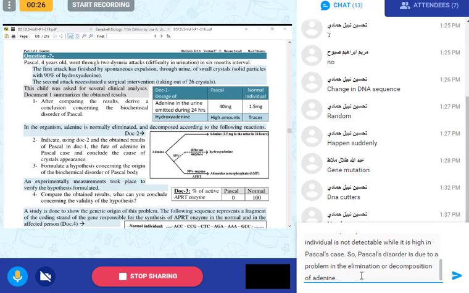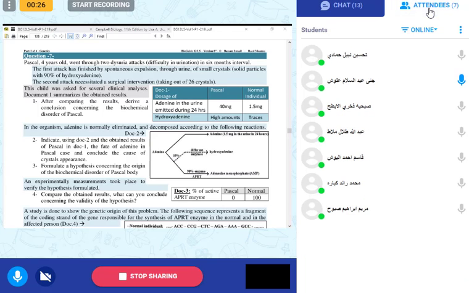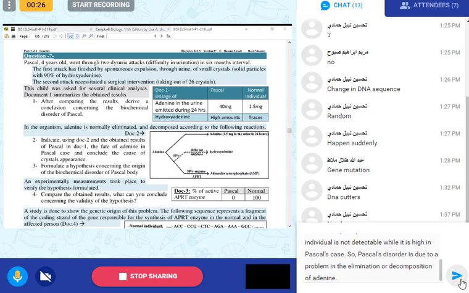A, T, C, and G. What is A the symbol of? Adenine. A is for adenine, T thymine, C cytosine, G guanine. So his body contains adenine, but he has a problem in eliminating this adenine.